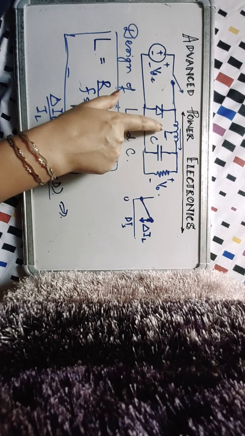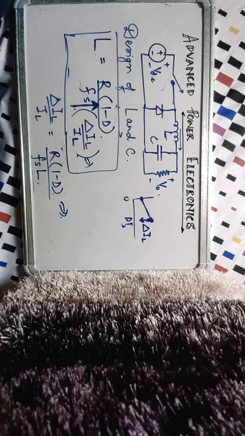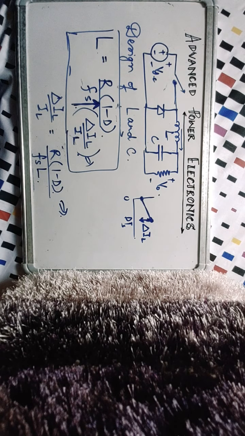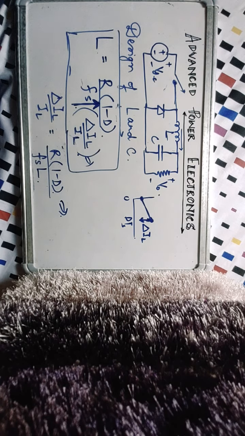Now when you reduce the size of L and C, that makes your system very compact. Especially, you will see that the largest size in power electronic systems is that of the passives, the L and C's in your converter. And whenever you go to high switching frequencies, the size of these passives reduces.